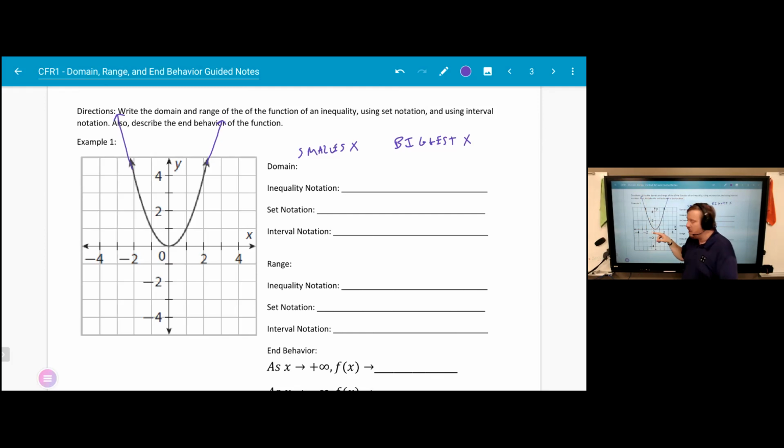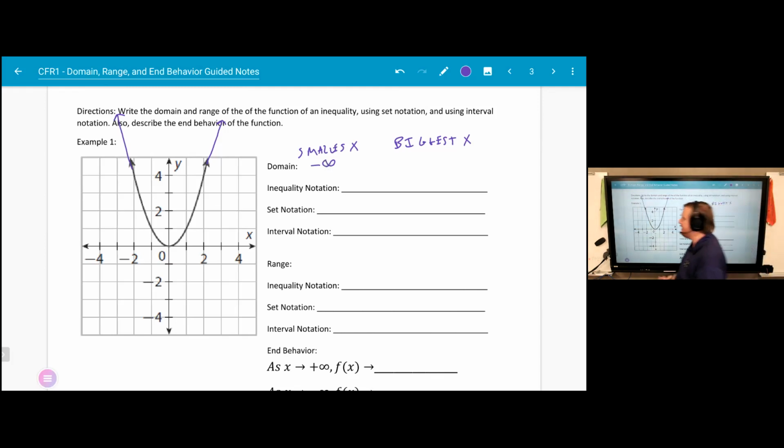If I kept following it this way, if I plugged in an x value, I would get a y value. If I went further and plugged in an x value, I get a y value. If I went even further, if I'm off the screen, if I plugged in an x value, you know what I would get? I get a y value. There is no stopping the smallest x. In other words, the smallest x in this case is negative infinity.